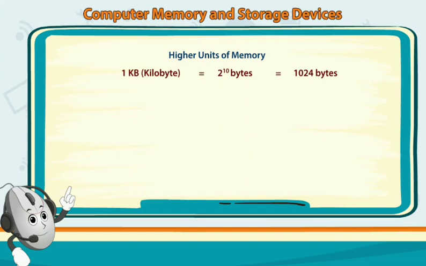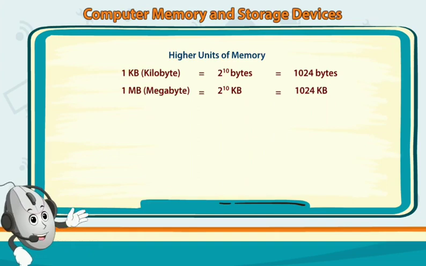1 KB means 1 kilobyte equal to 2 raised to 10 bytes equal to 1024 bytes. 1 MB, MB means megabyte. 1 MB equal to 2 raised to 10 KB, kilobyte.